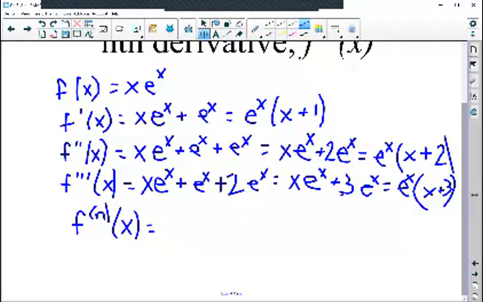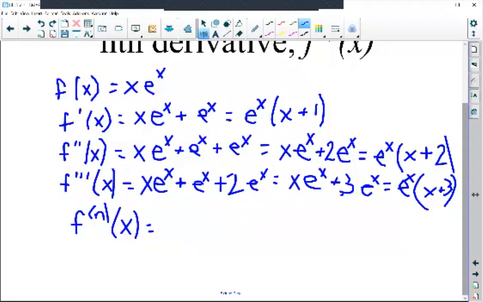So usually we quit with the slash marks after 3. So if we wanted the fourth derivative, you'd see f and then in parentheses 4 as an exponent x. For the nth derivative, what would we get?